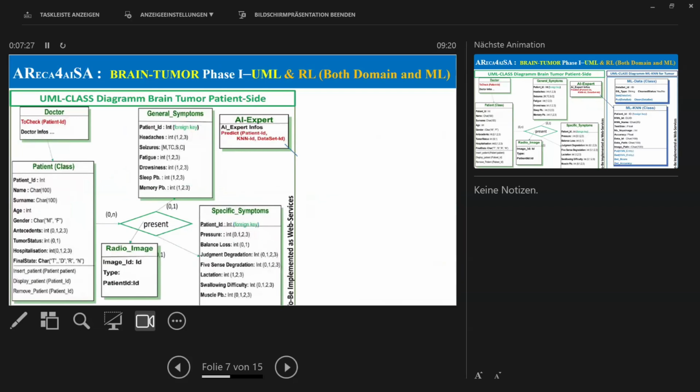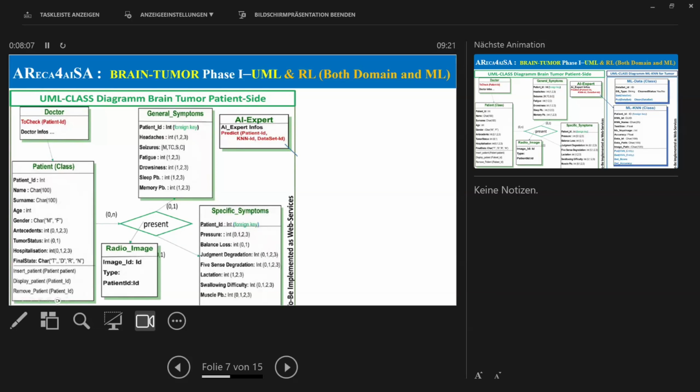I am not a doctor, but by looking, we could extract at the UML class diagram level: we have patient, we have doctors, and the tumor has two kinds of symptoms, the general symptoms and the specific symptoms, such as balance loss, pressure, 5 sense degradation, swelling, difficulty, muscle problem.